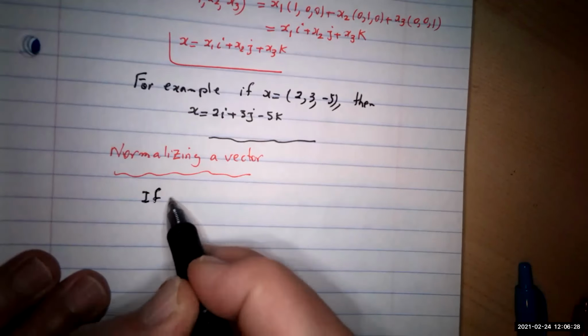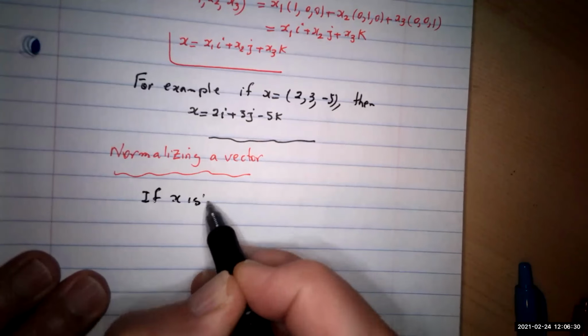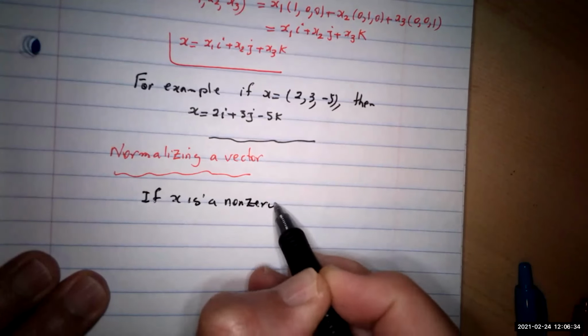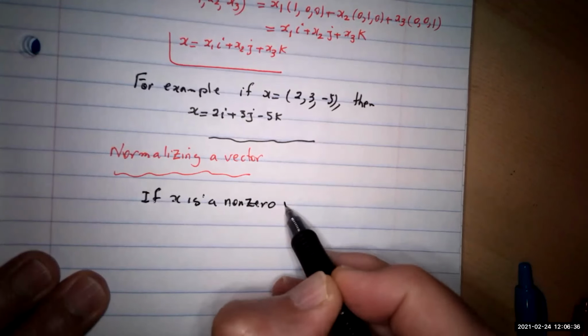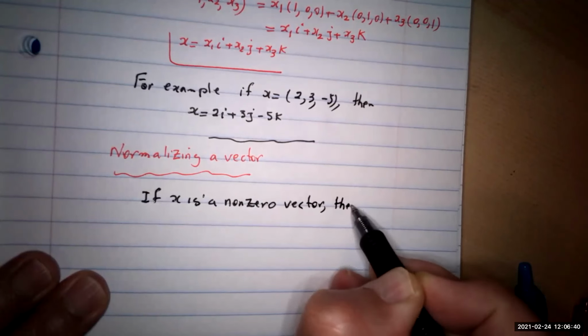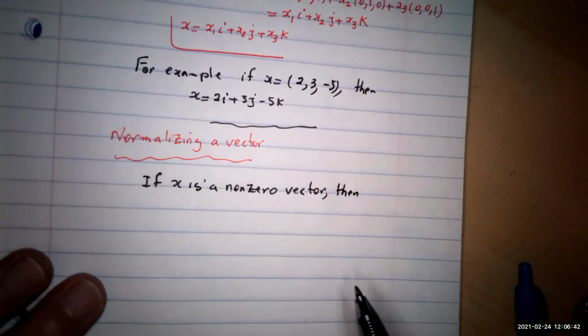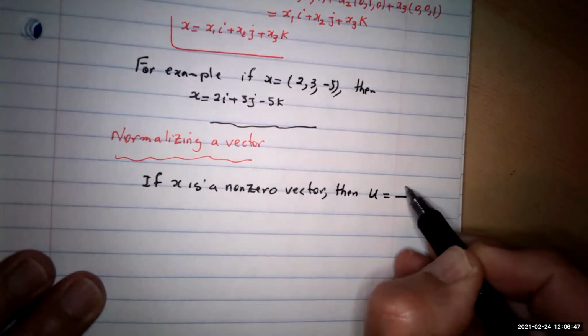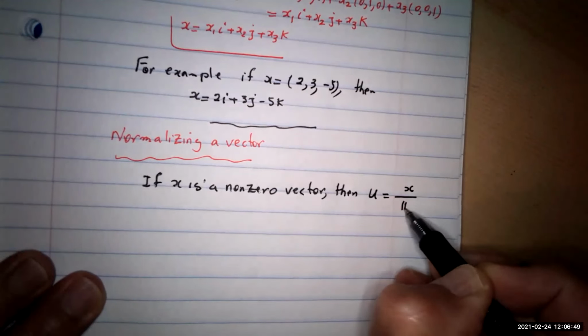If x is a non-zero vector, then u is equal to x over norm x.